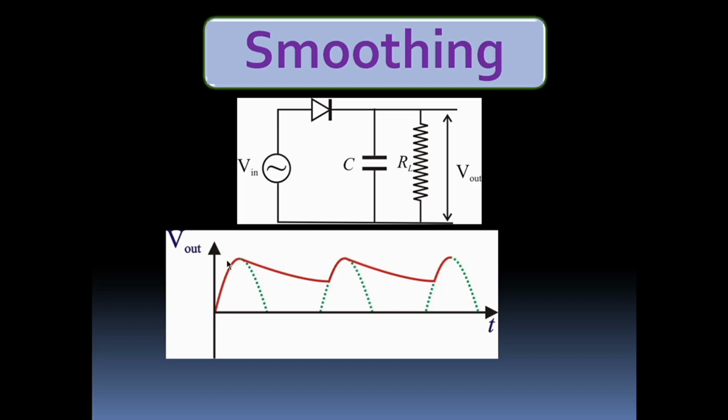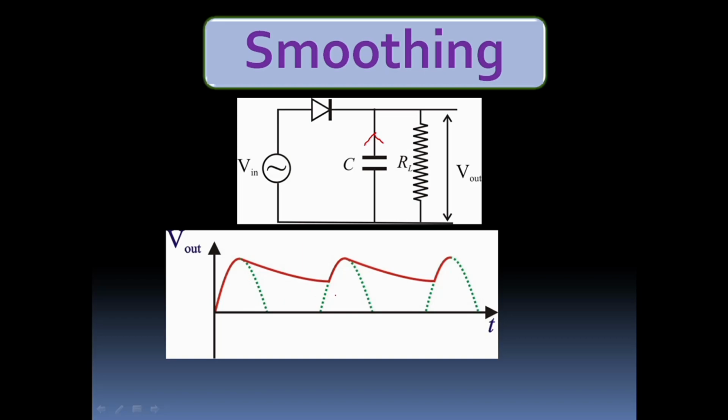During the first half cycle, the capacitor charges to the peak voltage, and once the output voltage starts decreasing as shown in the green line, the capacitor starts giving a current in this direction. Therefore, the voltage across RL does not fall as shown in the green line, but the variation of voltage takes place around this red line. Since the capacitor is discharging, its voltage decreases gradually.